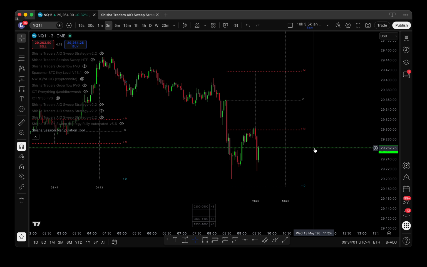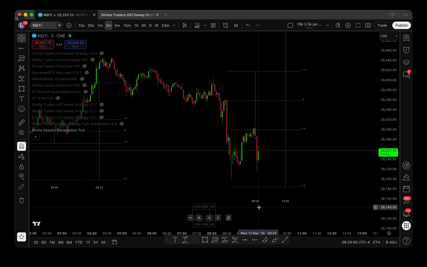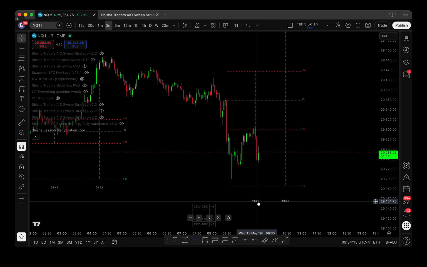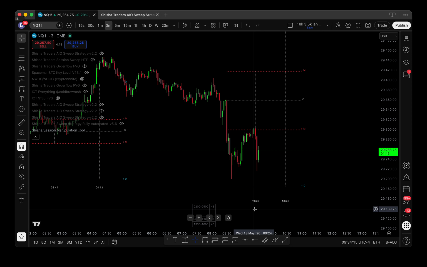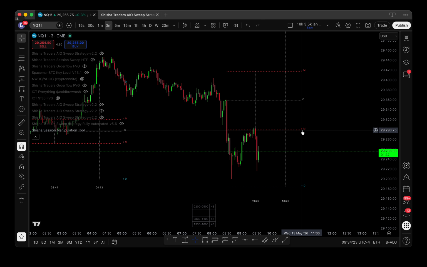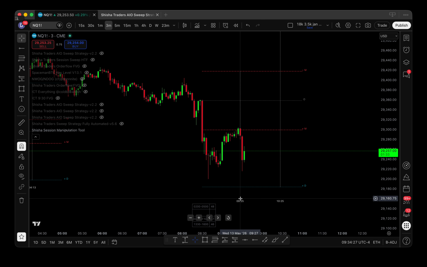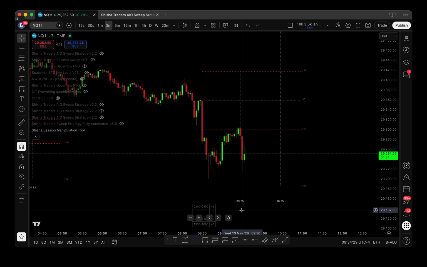The second thing I want to mention is the timing here, guys. It says 9:25 and 10:25. You guys see that? The first timing is the time expected for the manipulation to end, so the time expected for price to touch the manipulation. It says 9:25.